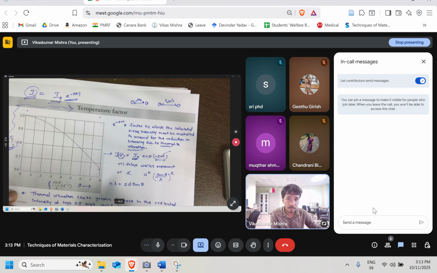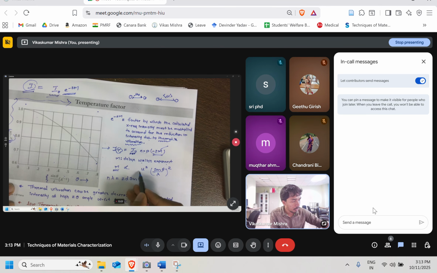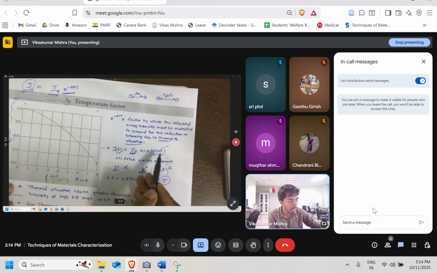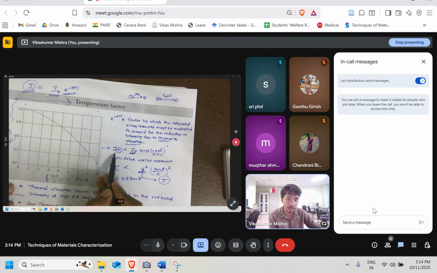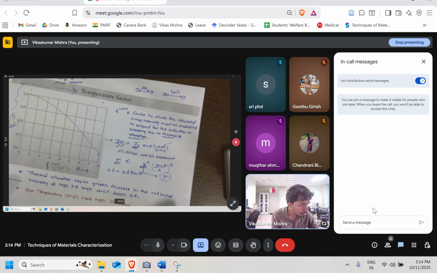This factor is known as the Debye-Waller exponent. It is a function of the atomic position of an atom and sine theta by lambda, and this is going to change with the temperature. So with respect to the temperature, M will be affected, and in response to that M, our intensity is going to be affected. This is how the entire thing is related with each other.